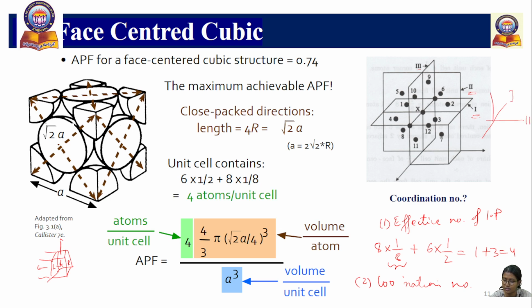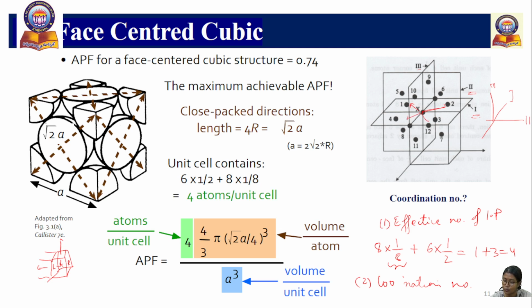Now in every plane, this face lattice point is sharing with how many corners? You will see. This is a corner atom. On the floor it is sharing with face 1, 2, 3, 4.